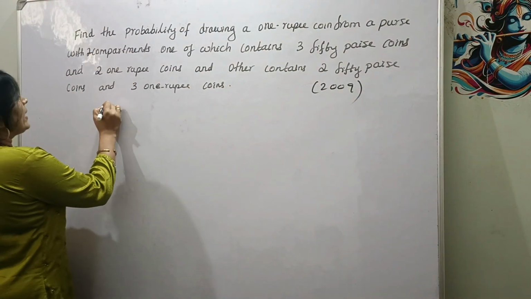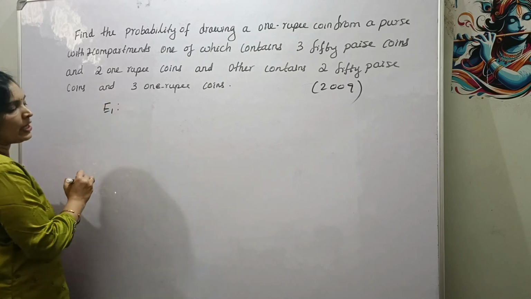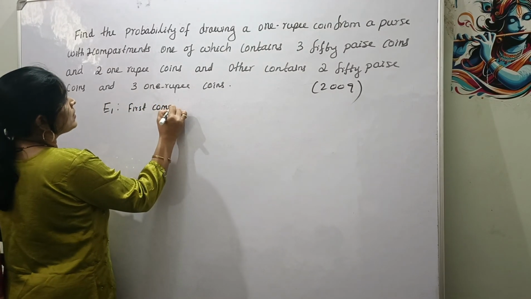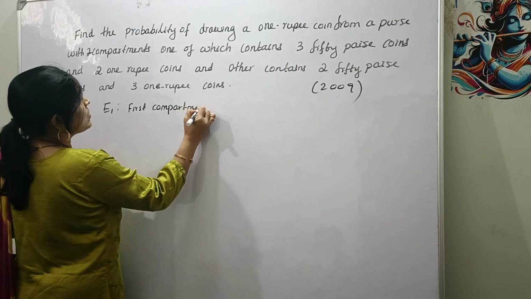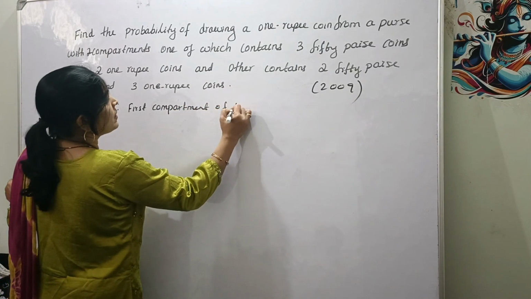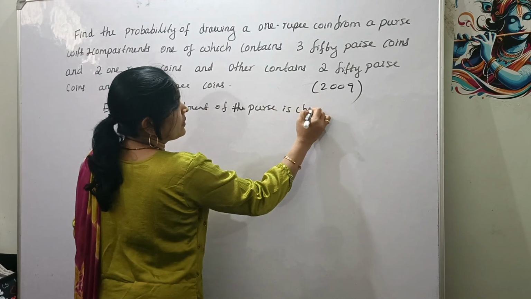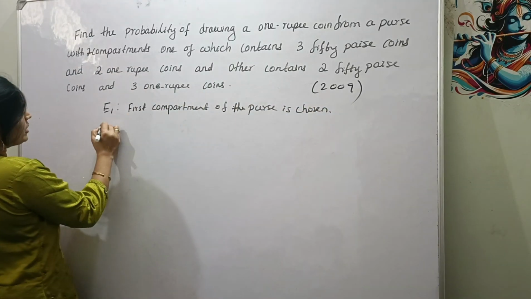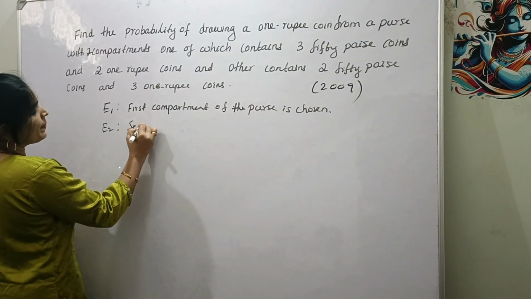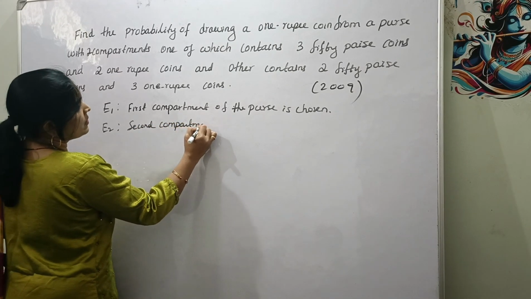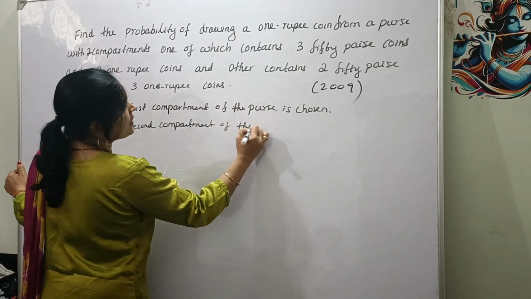First of all, let E1 be the event that the first compartment of the purse is chosen, and E2 be the event that the second compartment of the purse is chosen.